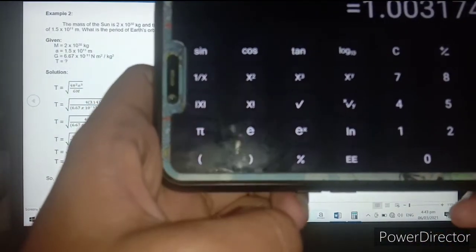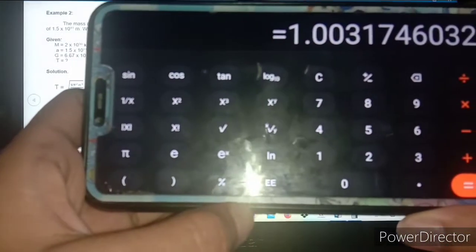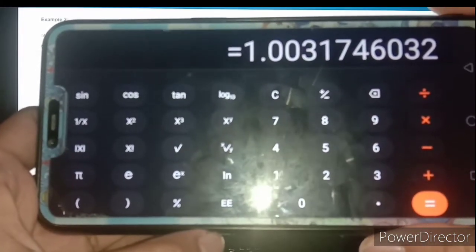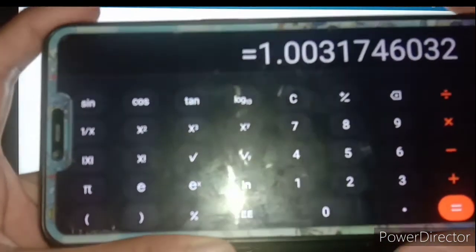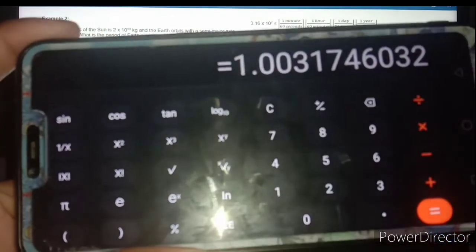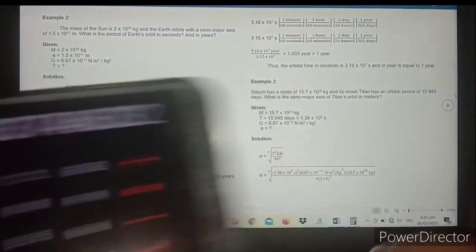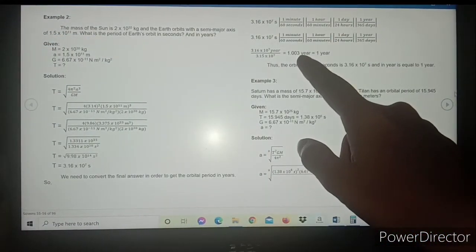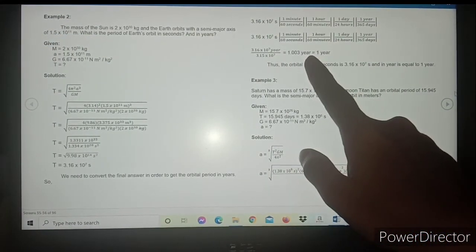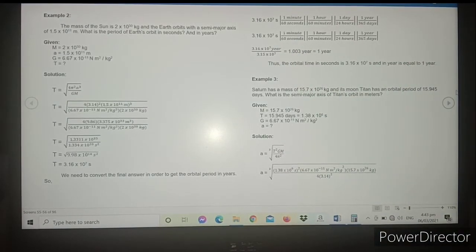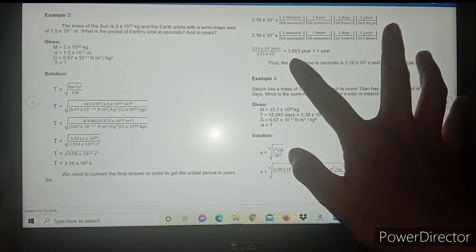Okay? It is equal to 1.003174602. Okay? Ibig sabihin, dara-diretso na, wala na tayong exponent. Okay? Yan. So, ang mangyayari dun sa final answer natin is 1.003 year. Okay? But supposed to be, it should be two decimal places lamang after the point.